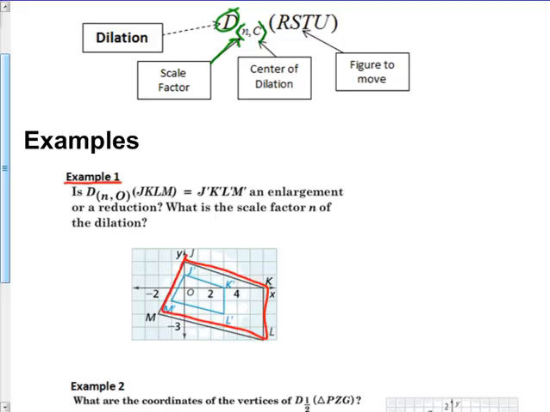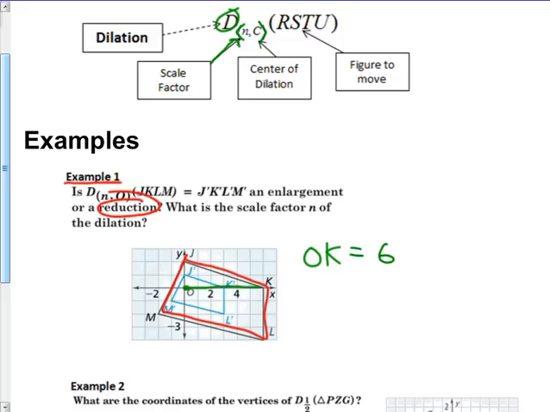So if you're going from larger to smaller, you are doing a reduction. What is the scale factor of n? All right, so we've got to find the origin. This is the point of origin. So let's just take one coordinate. Let's say this right here. We can see it: 1, 2, 3, 4, 5, 6.